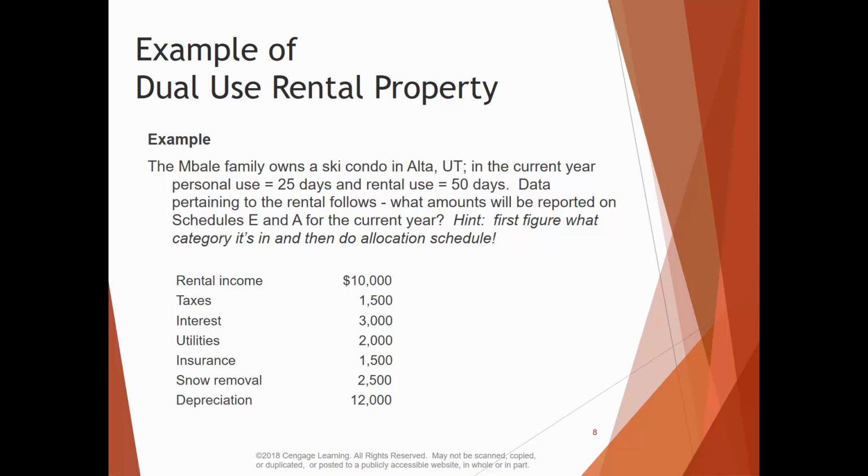Yes, 2/3 to the E, 1/3 to the A. Does that make sense? Okay, good. Once you get it, but it's kind of tricky to get a hold of it at the beginning. But it's a lot like office and home, where you get what you would normally get, whether you had an office and home or a rental, which is your Schedule A stuff.